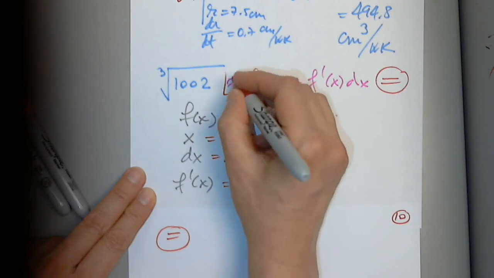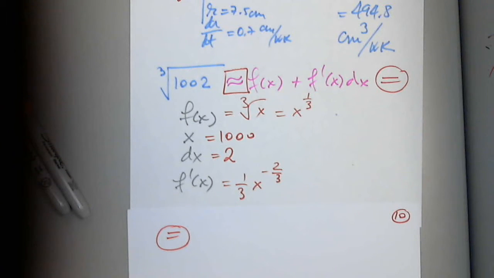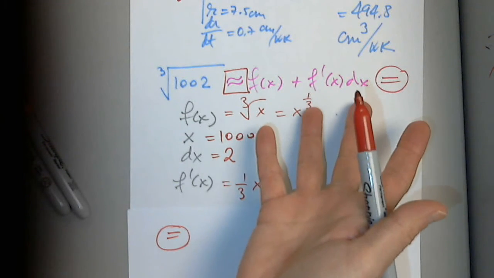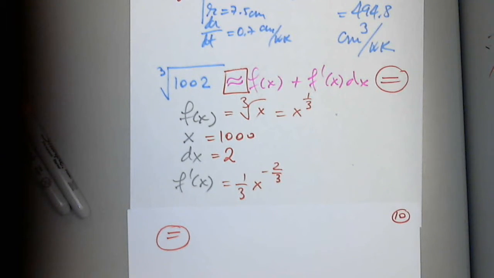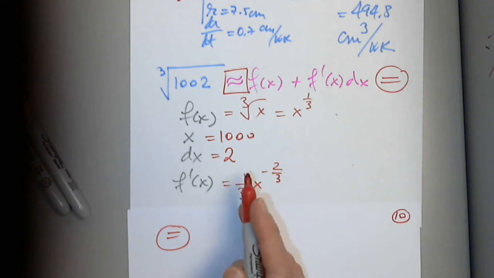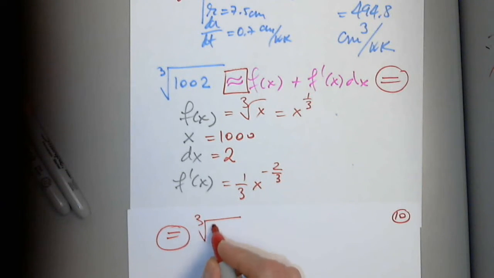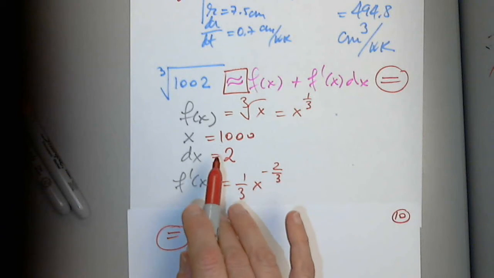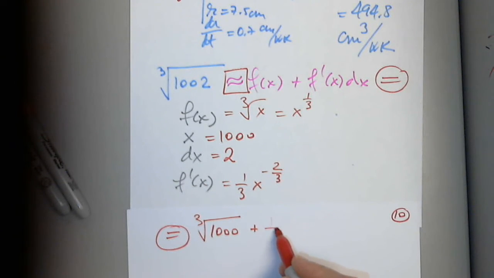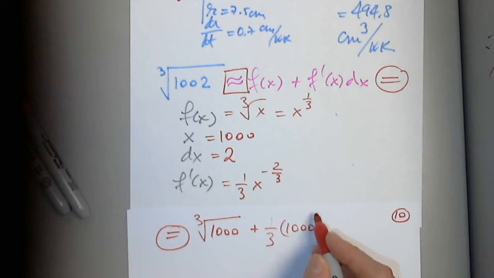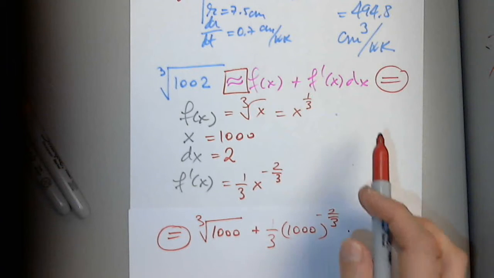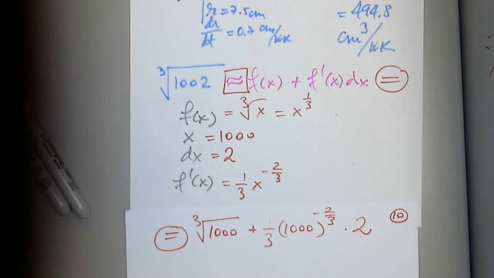Here I have to write this approximation symbol, but now I'm evaluating this and I can write the equal symbol. So f of 1,000 means the cube root of 1,000 plus f prime of 1,000 means 1/3 the cube root of 1,000, or 1,000 if you want, raised to negative 2/3. And dx is 2.